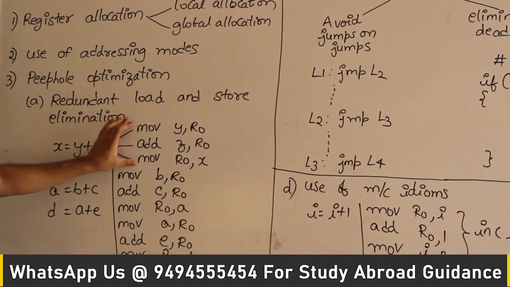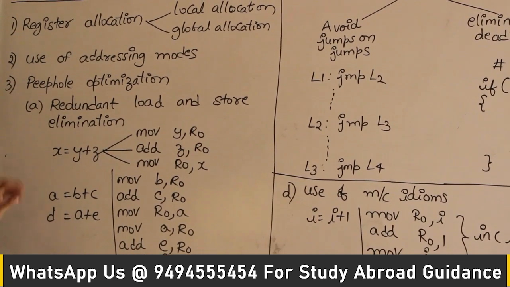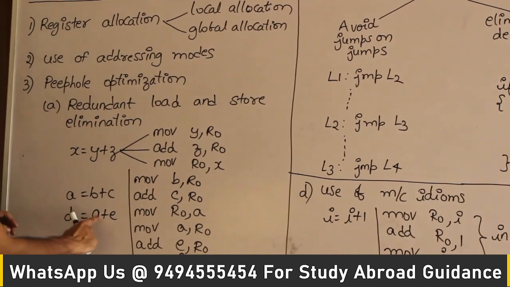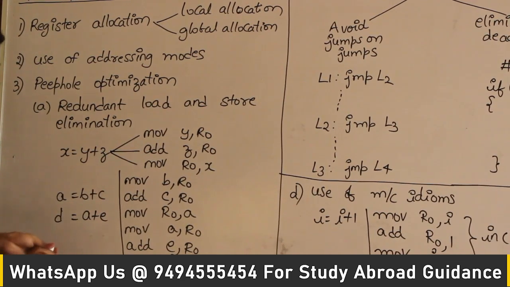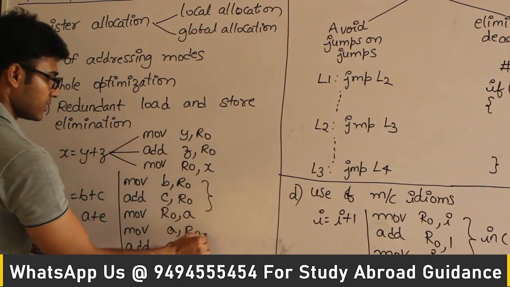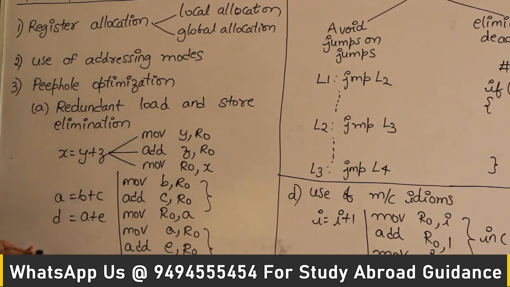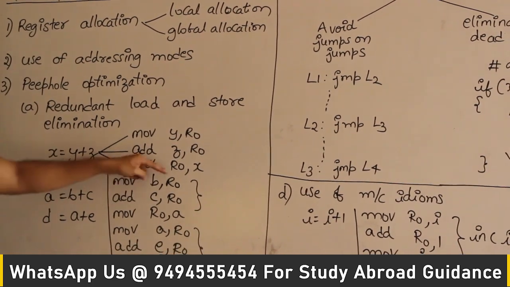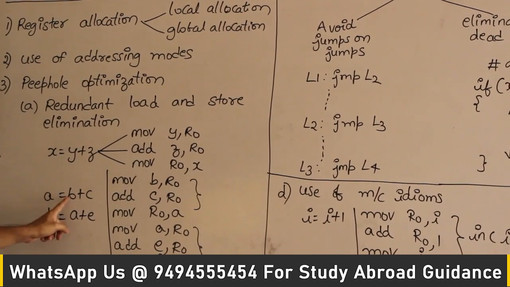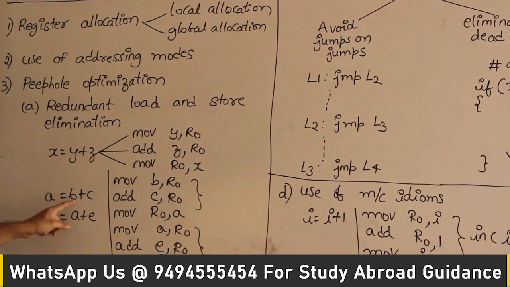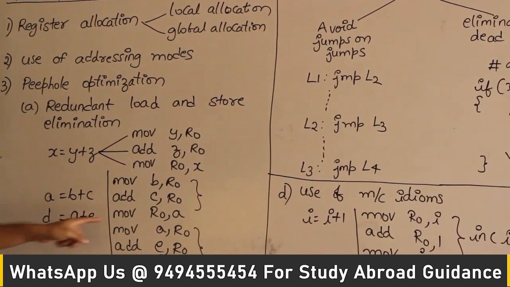And if I have these 2 statements, a = b + c, d = a + e. Now for each statement, if I write 3 statements independently, then what does this mean? I am moving b into R0, then adding c to R0, and finally the result b + c is in R0, and I move the result b + c into a, right?